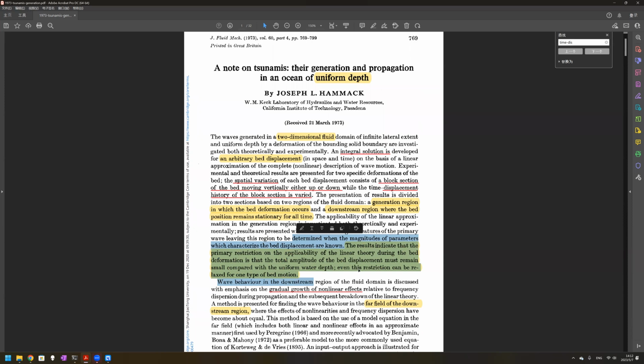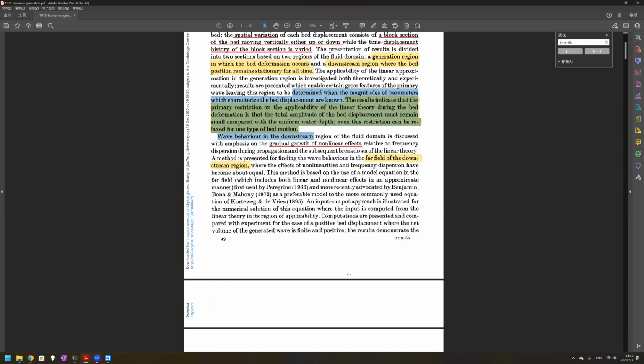A quick conclusion here is that the total amplitude of bed displacements must remain small compared to the uniform water depth, and this can be relaxed, in fact, for creeping bed deformation, which means slow bed deformation in the end.